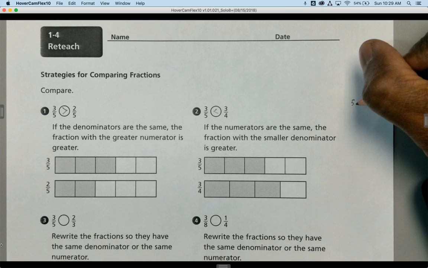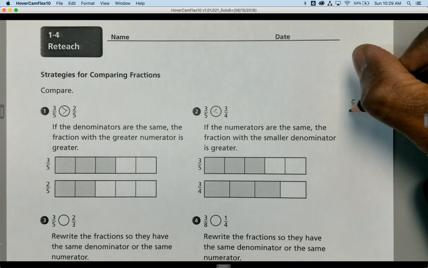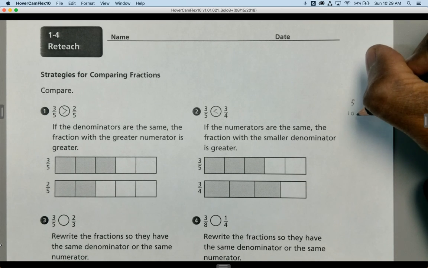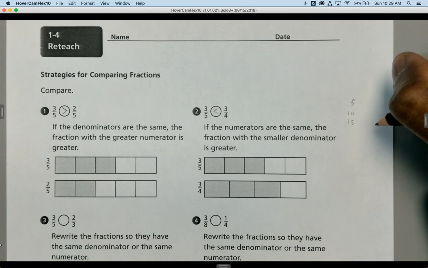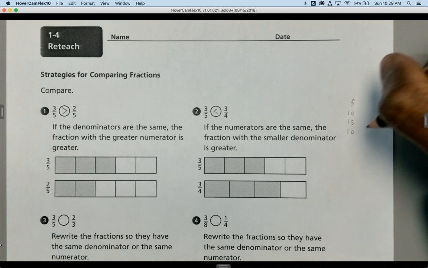We already determined 5's out. How about 10? Can I take 4 and multiply it by something to get 10? No. How about 15? Can I take 4 and multiply it by something to get 15? No. How about 20? Can I take 4 and multiply it by something to get 20? Ding, ding, ding! Yes, I can. 20 works.